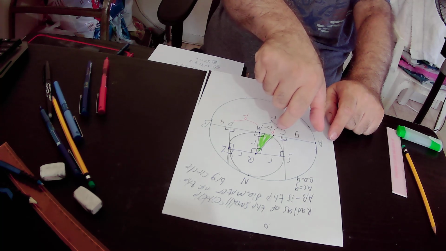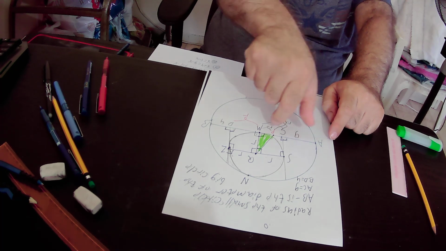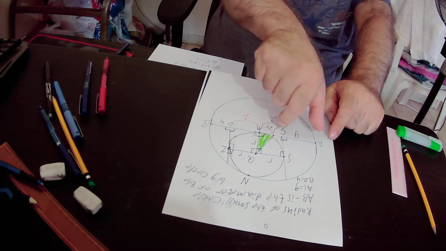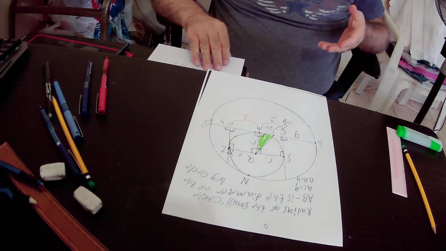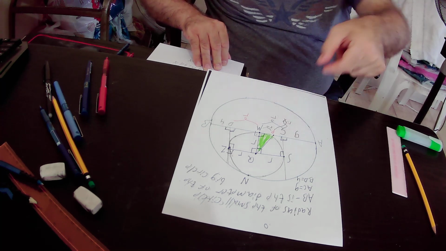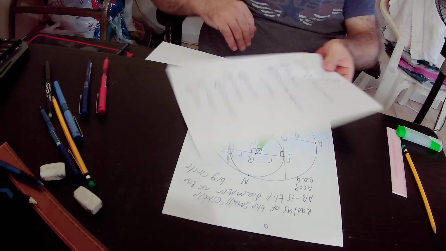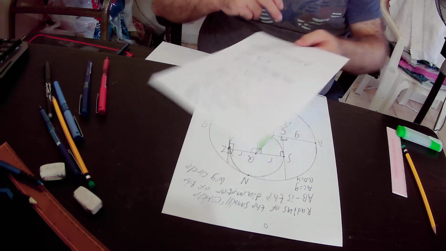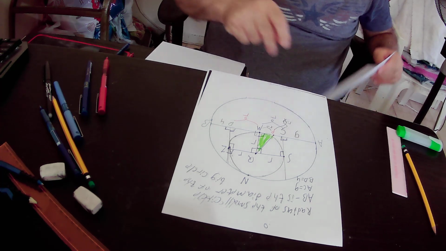The first expression will be that AP equals the radius of the big circle, because P is the center of the big circle, so AP is the radius of the big circle. And what is the value of AP? AP equals AC plus CP, and we know that AC equals 9 units and CP equals R minus x.